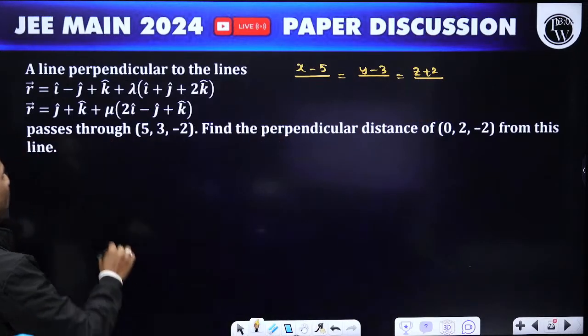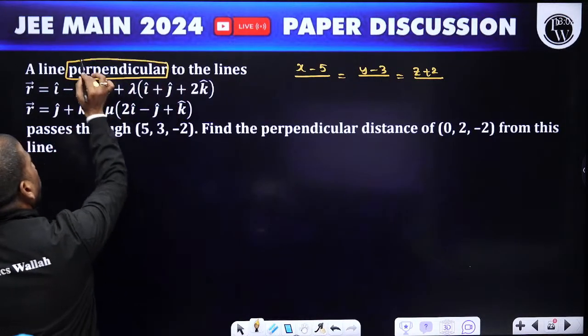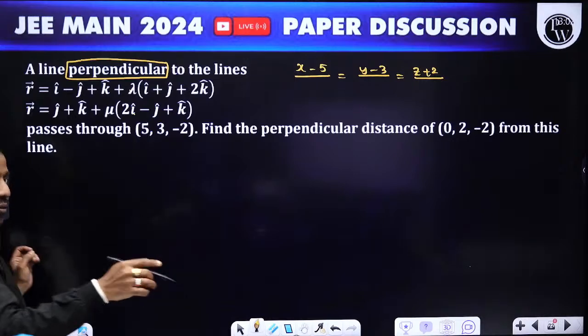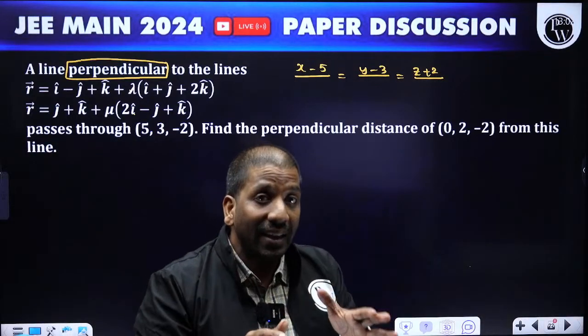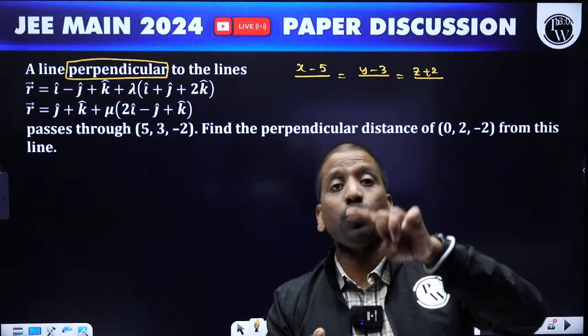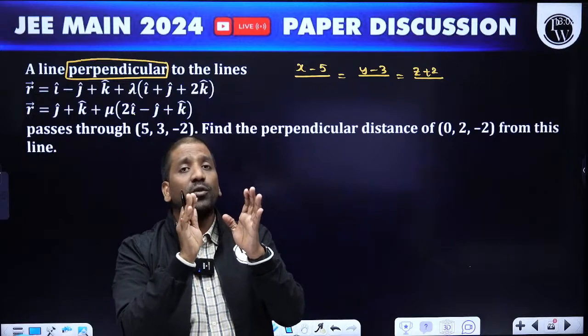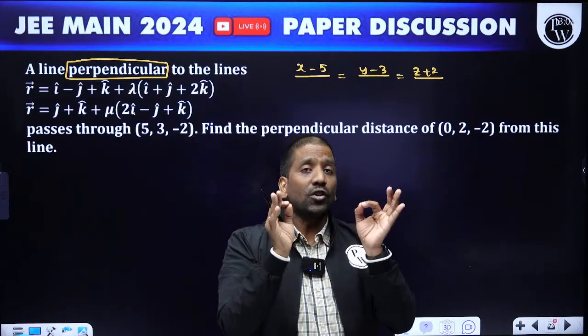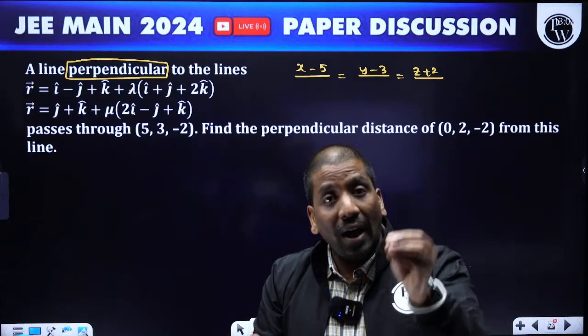In order to find the DRs, our line is perpendicular to both the lines. When our line is perpendicular to both the lines, our line is parallel to the cross product of those two lines. So that is the first and foremost point from the vector product. A cross B is a vector perpendicular to both A bar and B bar.